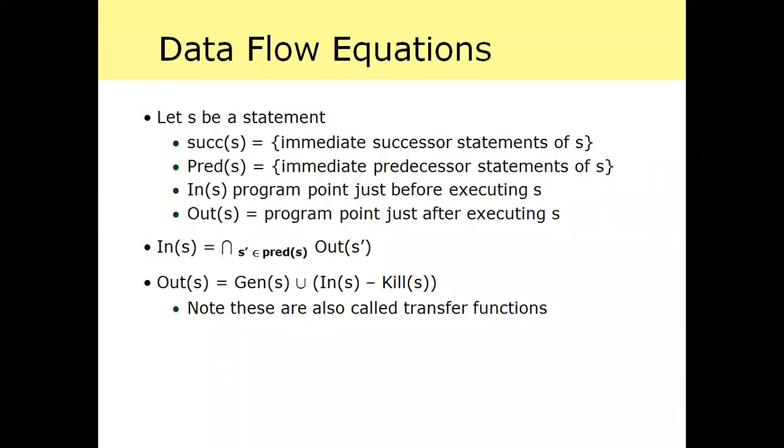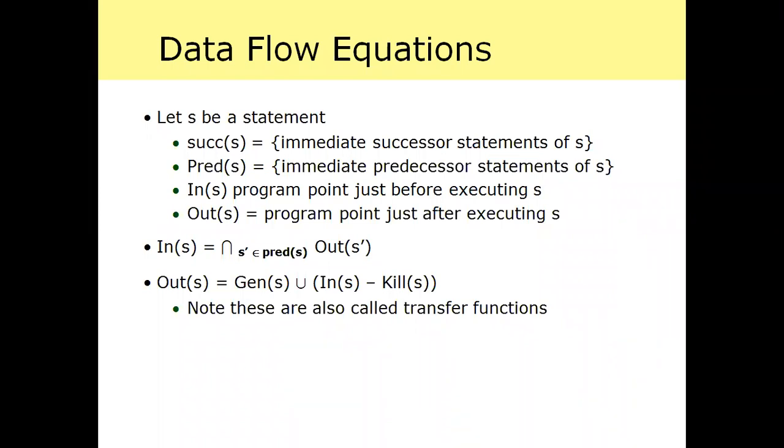And these are the data flow equations we have. With these equations, we are performing the computations of each and every property in the data flow analysis, and then we are implementing the global optimization. Let S be the statement here. The successor of S is the immediate successor statement of S. PRED is the predecessor, the immediate predecessor statement of S. In and out are the inputs and outputs.